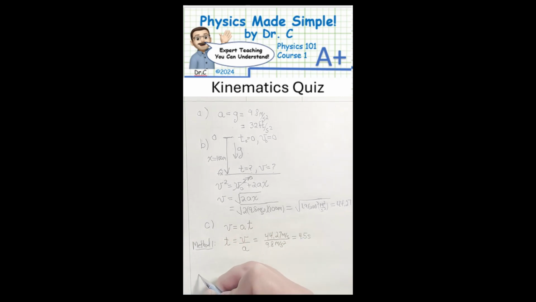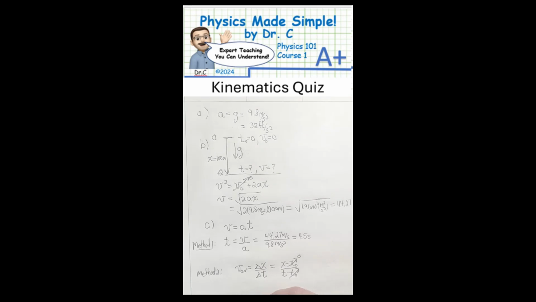Let's use another method, method 2. We're going to use the average velocity relation, that v average is equal to delta X divided by delta t, which is equal to X final minus X initial divided by t final minus t initial. These are 0.